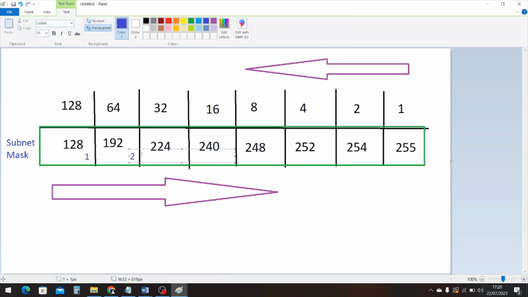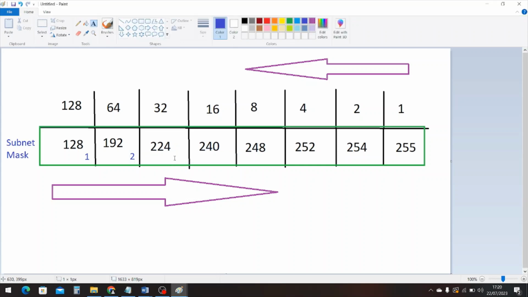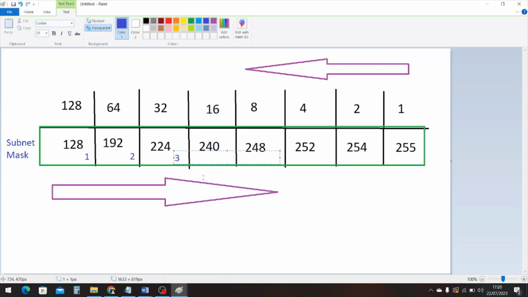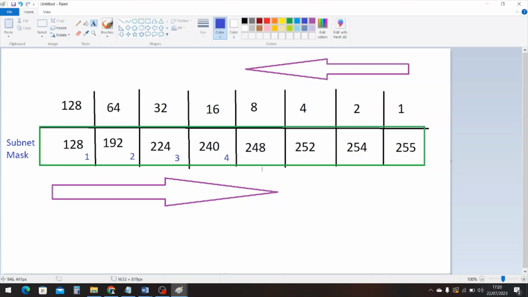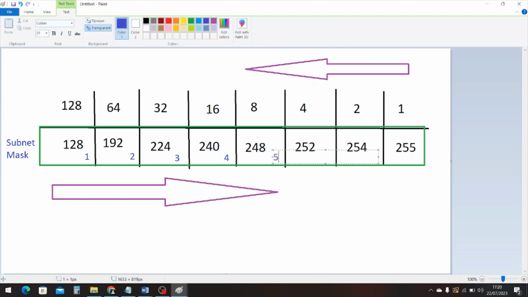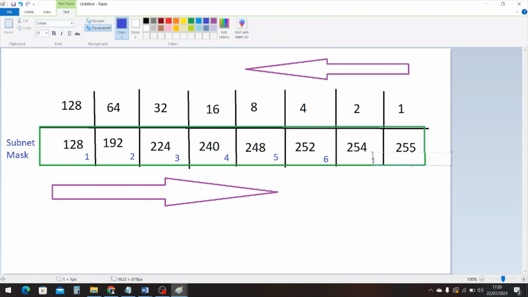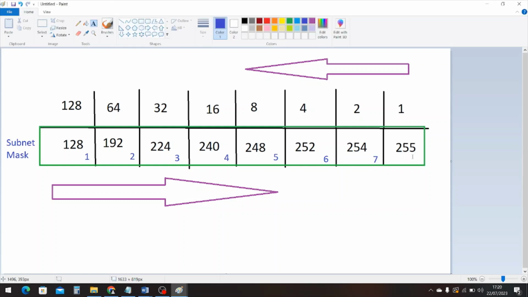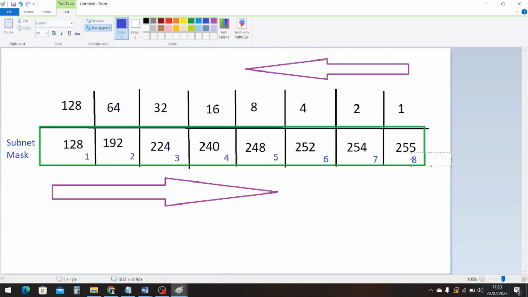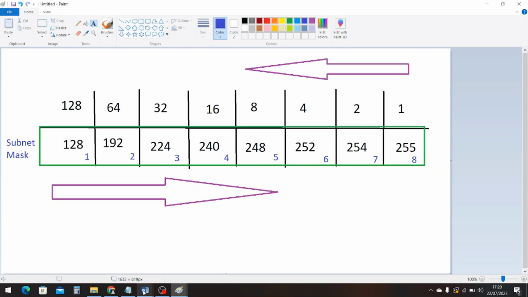Then second, third, fourth, fifth, sixth, seventh, eighth.